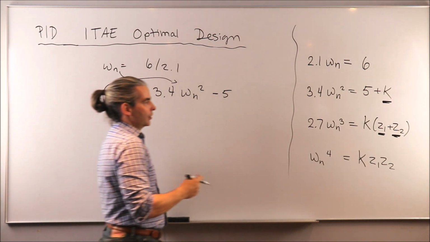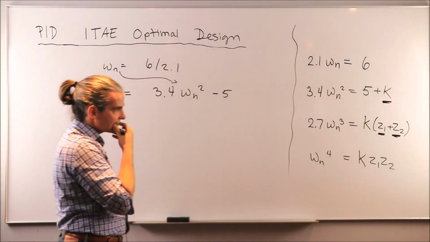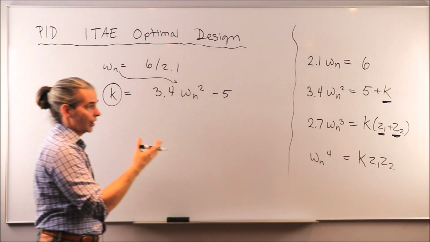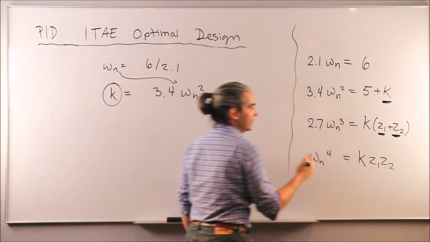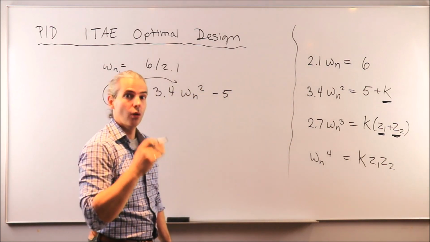And now we have 2 equations with 2 unknowns, z1 and z2. The beauty of those equations is that we don't need to solve for z1 separately from z2. Why is that?